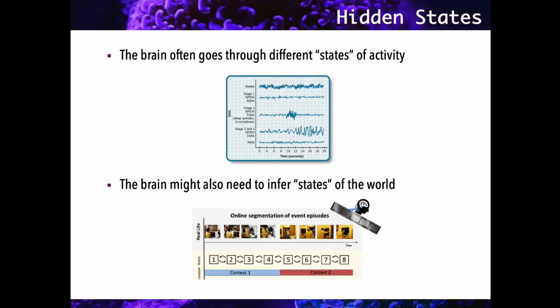So, for example, in the first images, we see a man washing dishes, and then afterwards, this same man watching television. Our brain would segment all this information into two different events, because they usually contain two different contexts and two different sets of features.